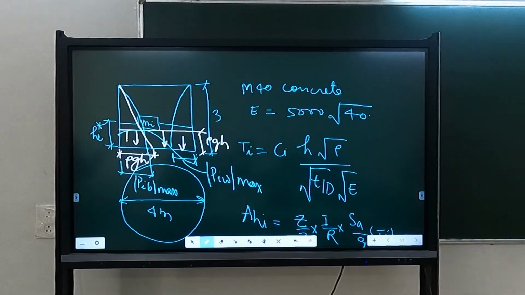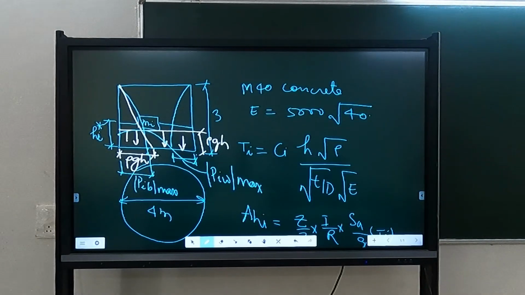Okay, maximum value of PIW will be when cos phi is 1, phi is 0. So when phi is 0, AHI we have already calculated, and y at the base. So when you put y equal to 0 and phi equal to 0, you will calculate. So this will be 0.866 tan hyperbolic 0.866 d over h. Alternatively, you can use the formula PID.